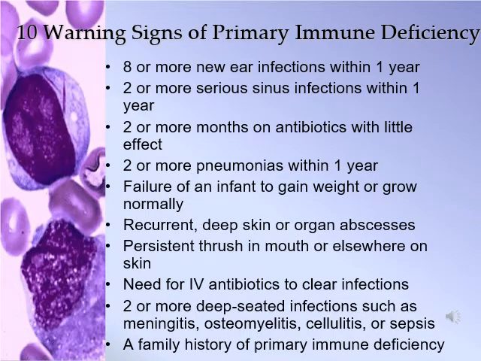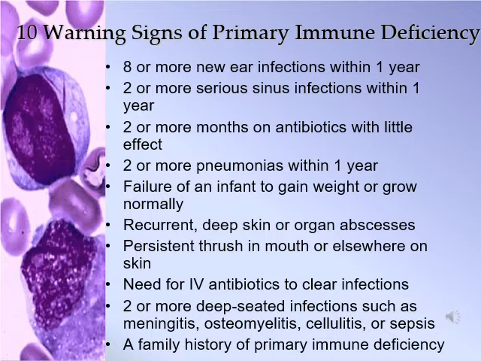Some of the warning signs that patients may have an immune deficiency would be getting frequent infections, frequent ear infections, sinus infections, pneumonias, needing to be on antibiotics frequently, recurrent skin infections or abscesses, osteomyelitis, cellulitis, any of those sorts of things.